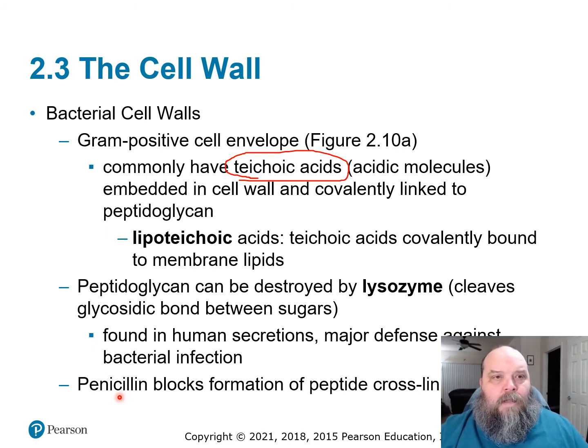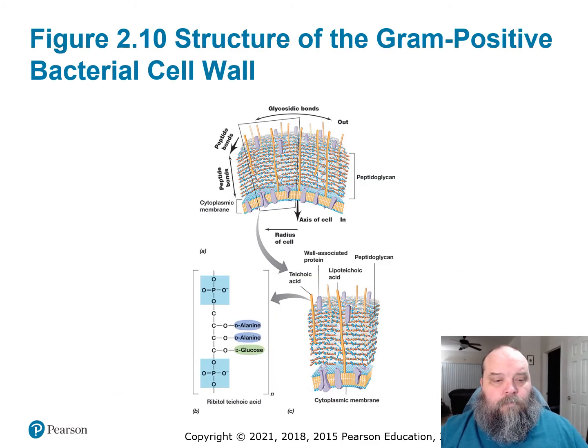The cell wall has the rigidity of a cooked noodle. So, layers and layers and layers, anchored together by teichoic acid, and then anchored to the cytoplasmic membrane by lipoteichoic acid.